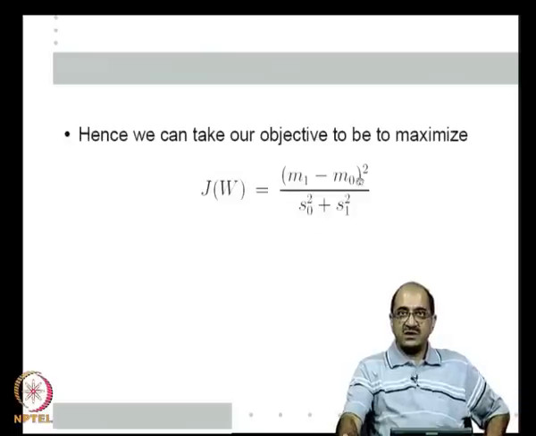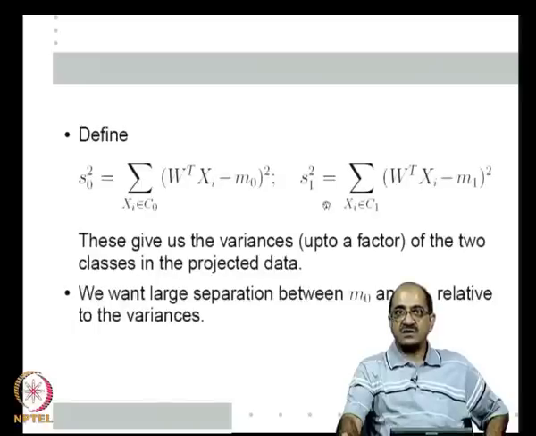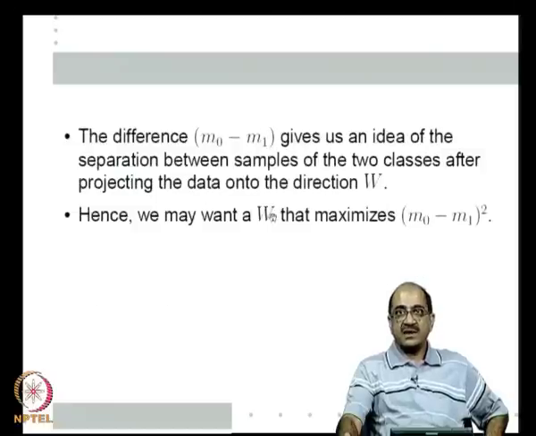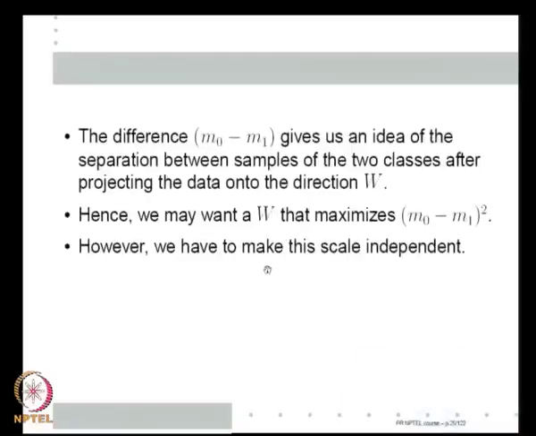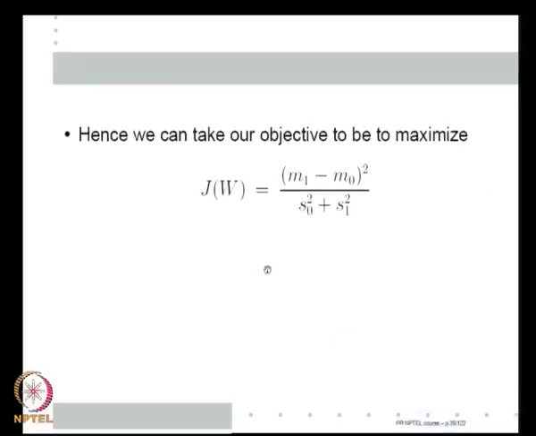By the way, even though this equation looks as if there is no W on the right hand side, you know all of m0, m1, s0, s1 depend on W. S0 square, s1 square depend on W, m0 depends on W. So, this is a function of W.